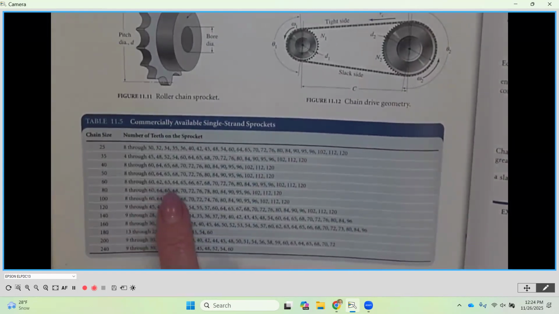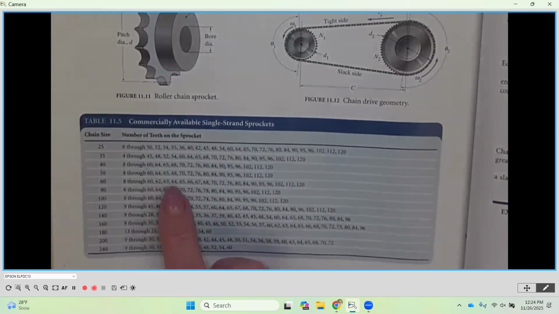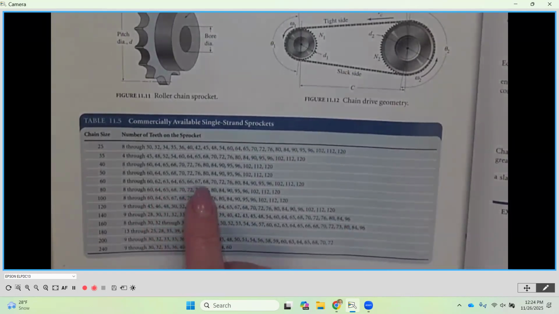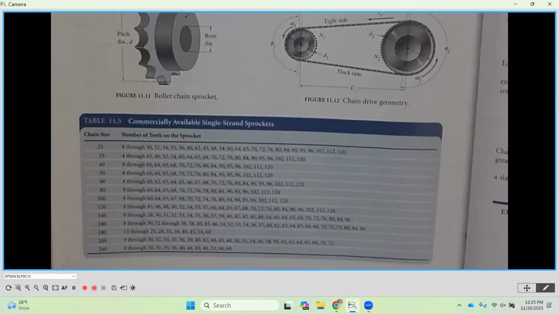And then notice that the numbers then become a little bit more specialized. Okay, so it skips to 62, then 63, 4, 5, 6, 7, 8, but then it skips 69 and so on. So each one of these gives us the guidelines of the standard number of teeth on a sprocket.